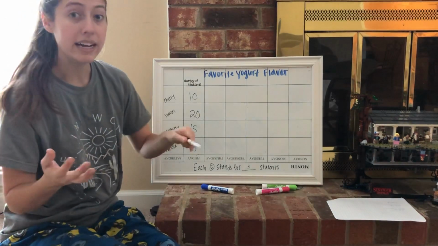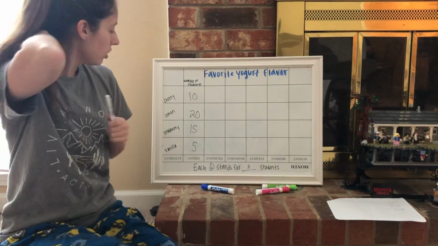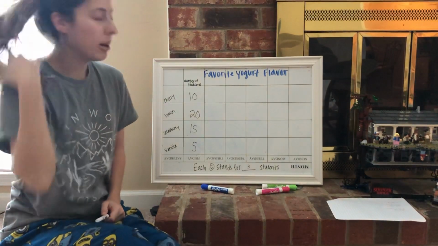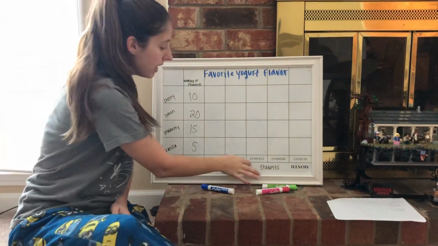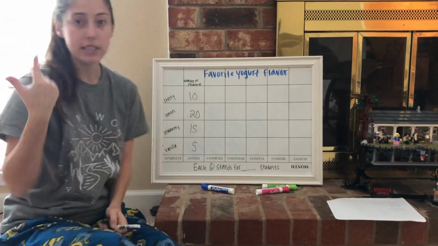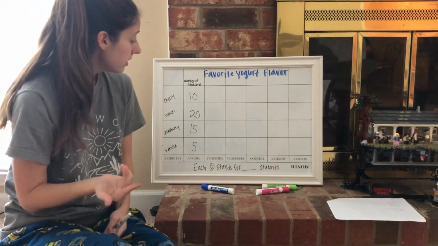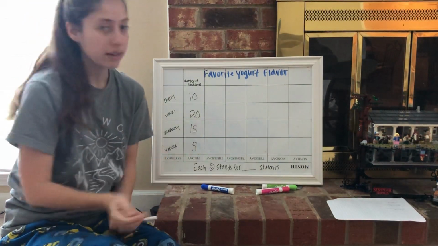So this is my data, and I need to think, okay, what should my scale be for my pictograph? Each one of those smiley faces, or symbols, it doesn't have to be a smiley face, stands for something.